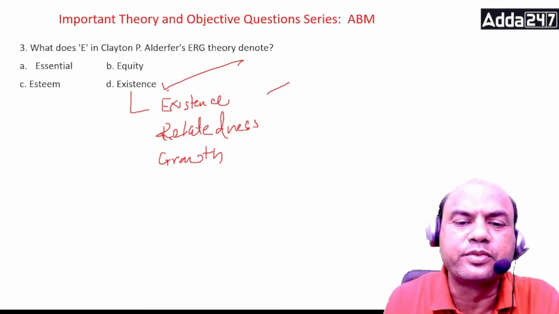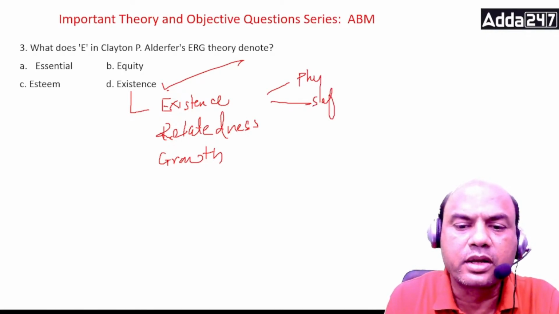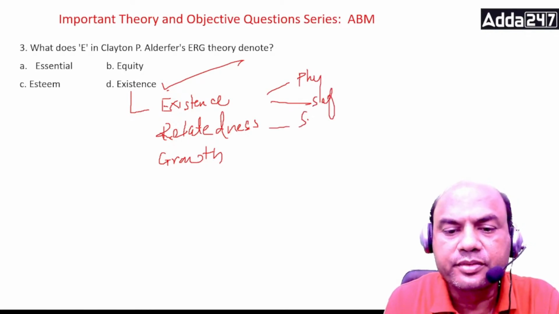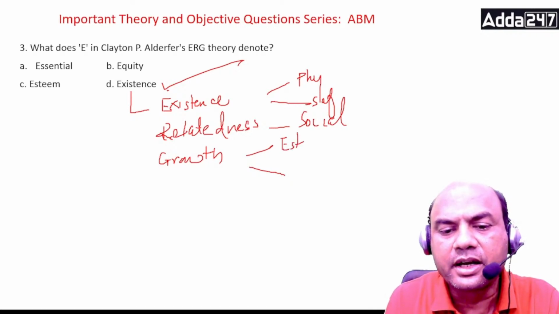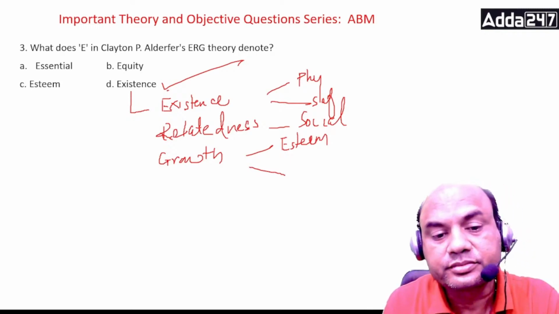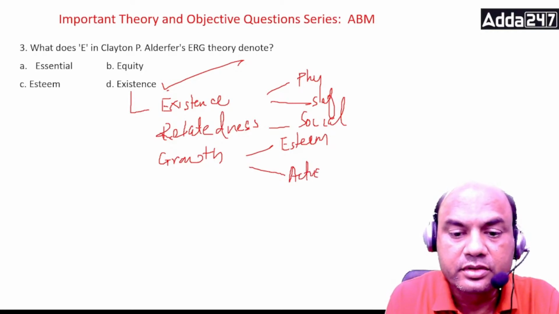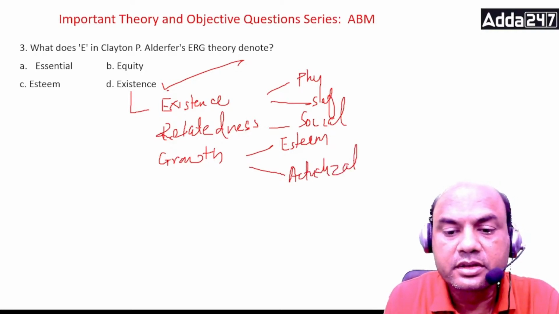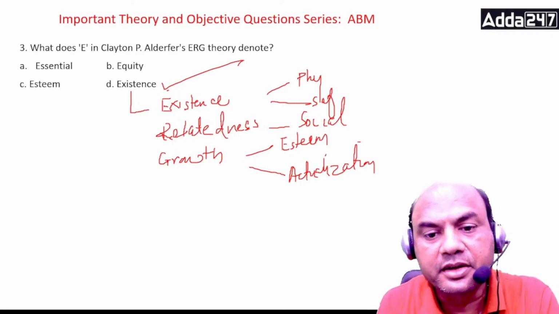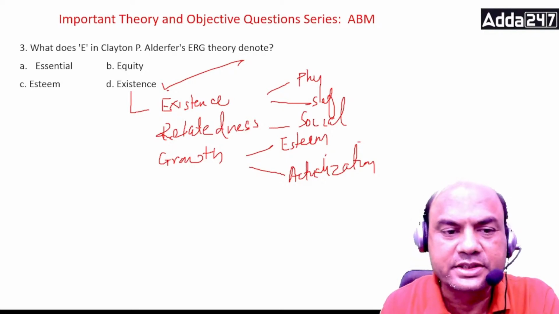In Maslow, we have physiological and safety over here. Here we have social. Here we have esteem, and last one is self-actualization. So these two are related to each other. So E stands for existence over here.